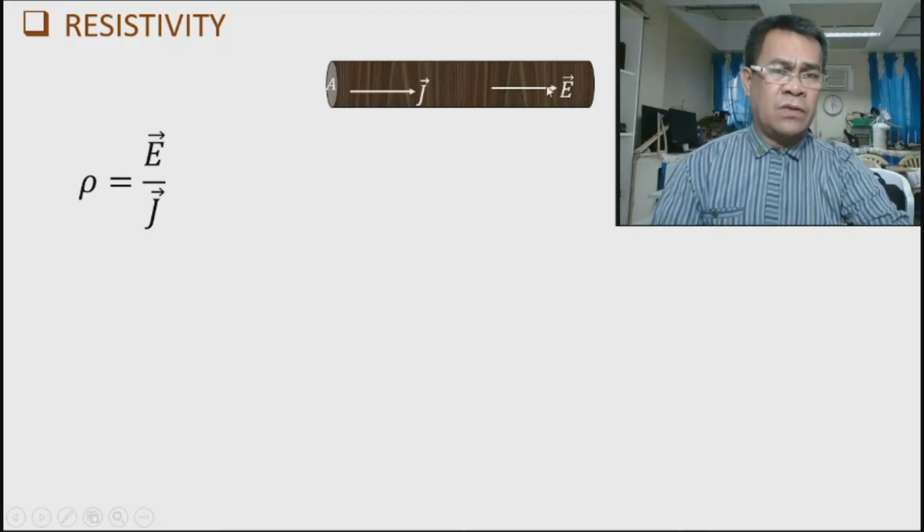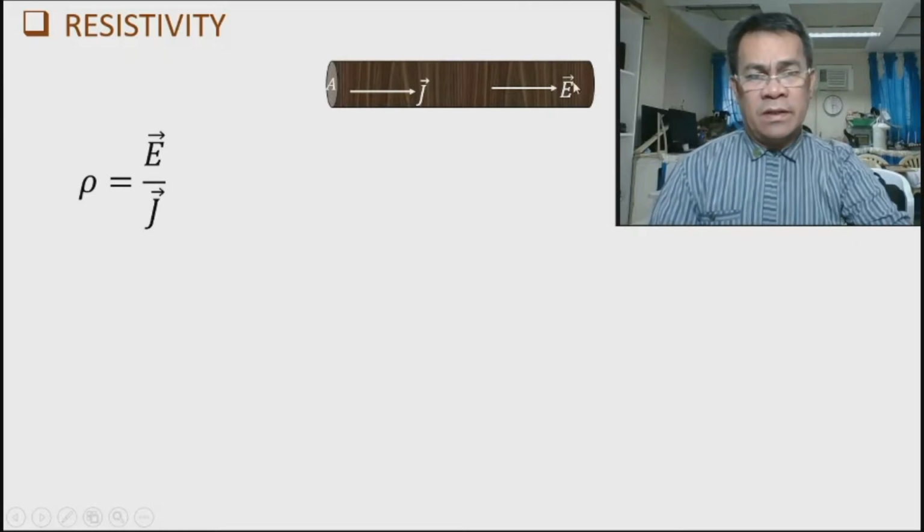Take note, why is it that there is an electric field? The reason is because we connect a source of charge from high to low. For example, we place the positive potential here and the negative potential there. So therefore, we have the potential difference, and because of that potential difference, we can produce an electric field.